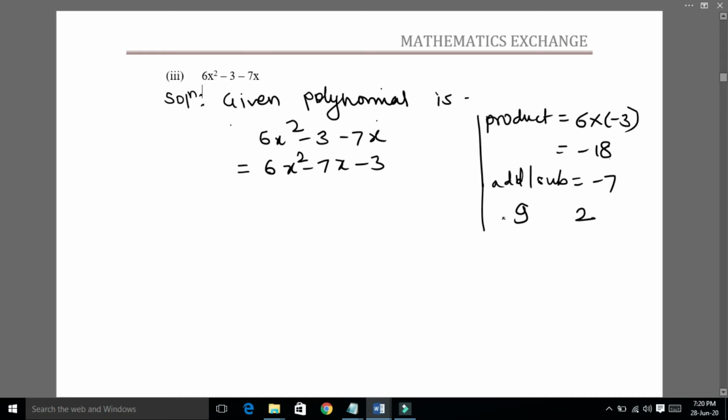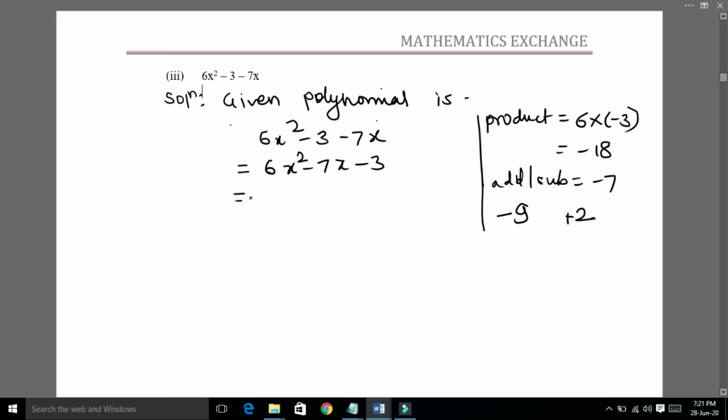The middle term has a negative sign, so assign the sign to the largest number, and the product is negative, so both terms can never be negative or positive. One is negative and the other is positive. So 9 is negative here, so 2 is positive.